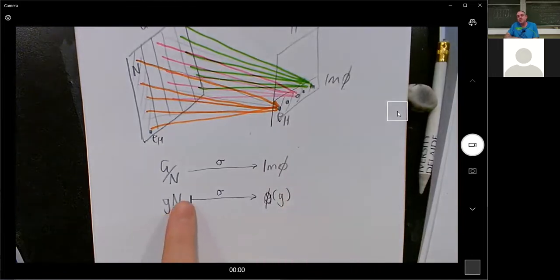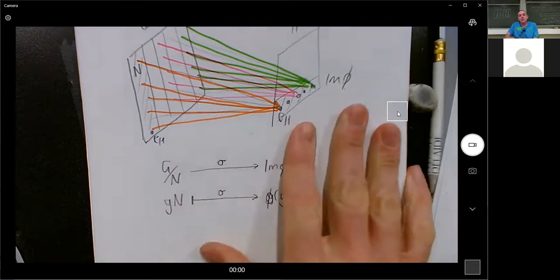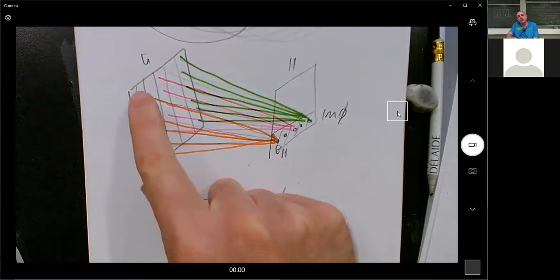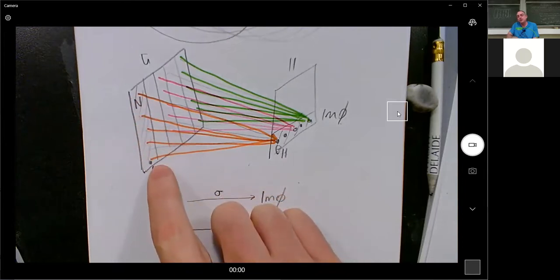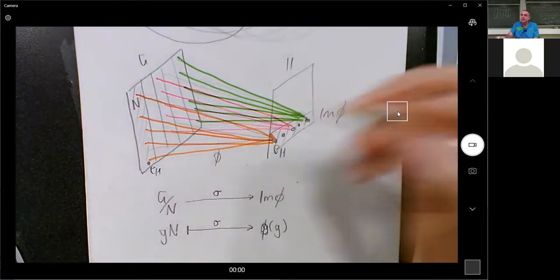I don't know if you've seen this notation: a single arrow is about a function taking an entire set to another set, and an arrow with a bar at the front is about a single element being able to produce another single element. Yep. No, the sigma function, so the colored lines are the individual elements of G, so they're the phi's, these colored lines.